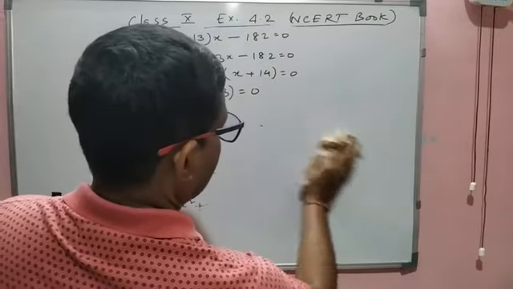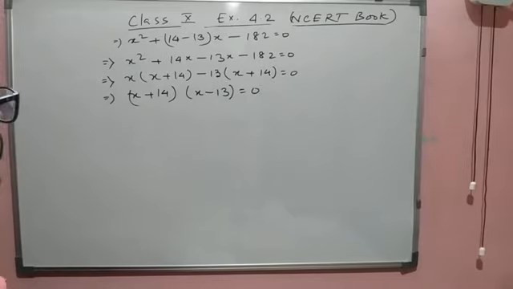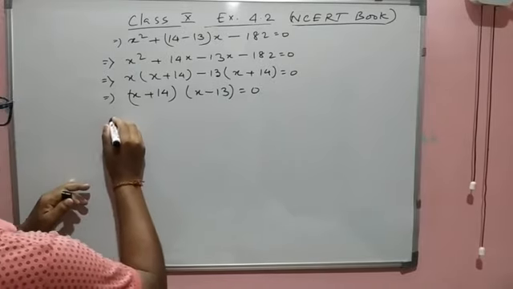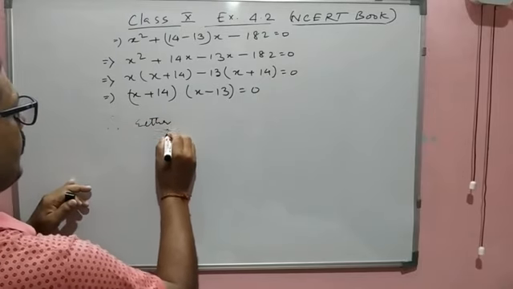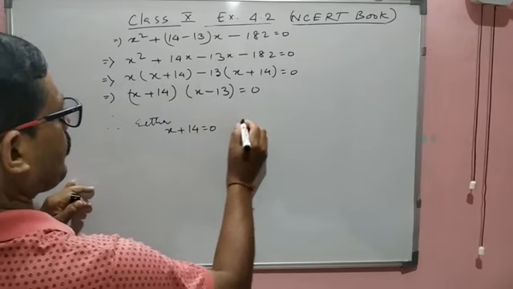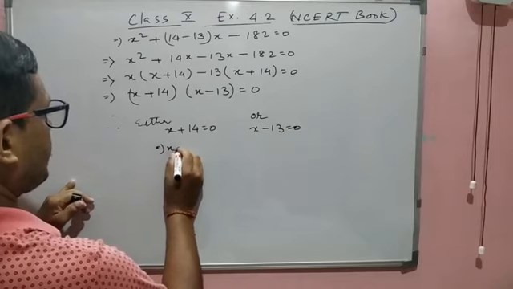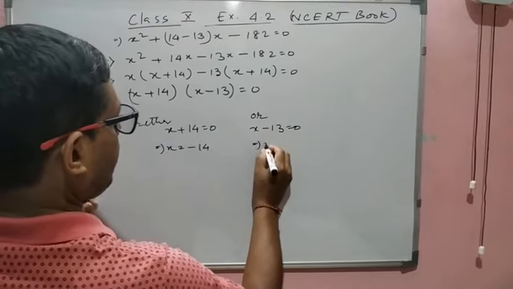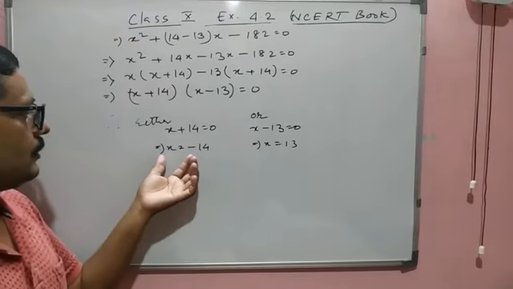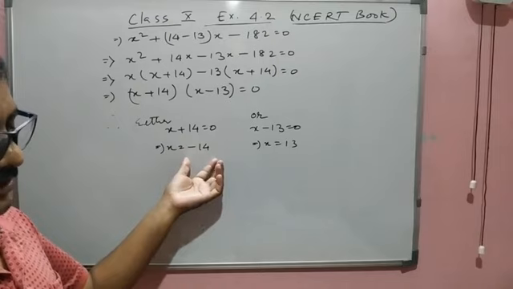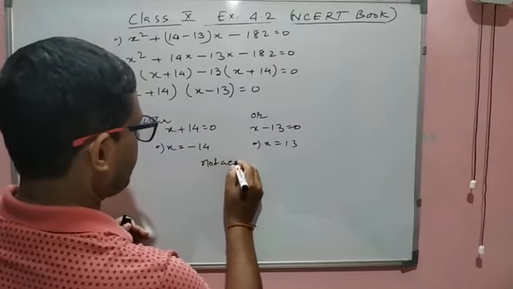So either this equal to 0 or this equal to 0. Therefore either x plus 14 equal to 0 or x minus 13 equal to 0. This implies that x equal to minus 14 and x equal to 13. As we are told consecutive positive integers, x equal to minus 14 is a negative integer, so we cannot accept this; it is not accepted.